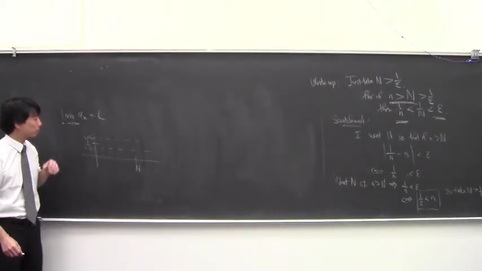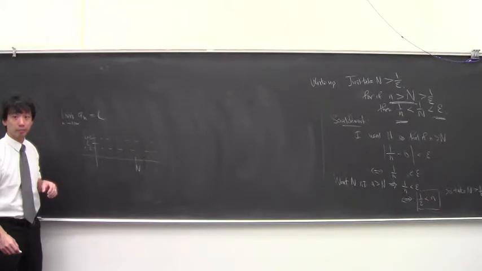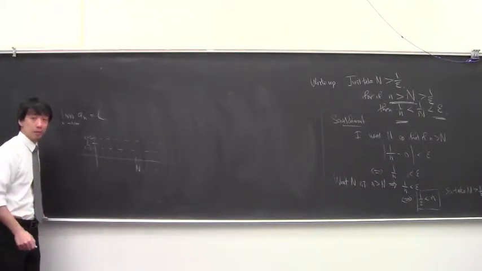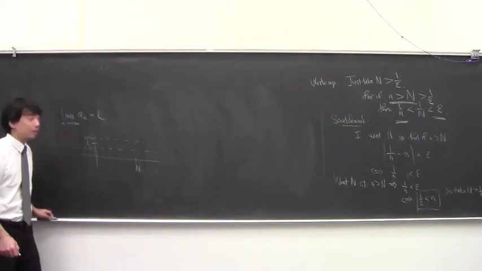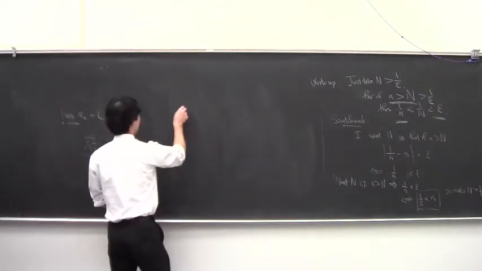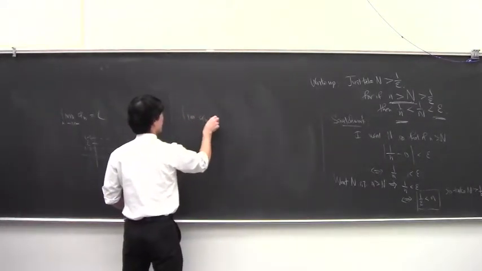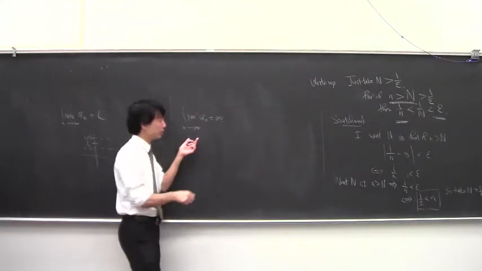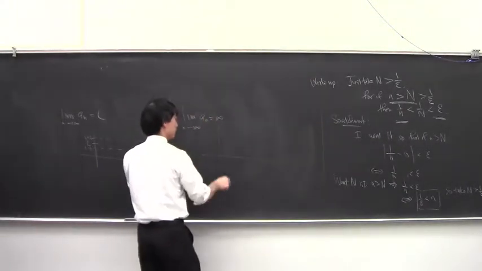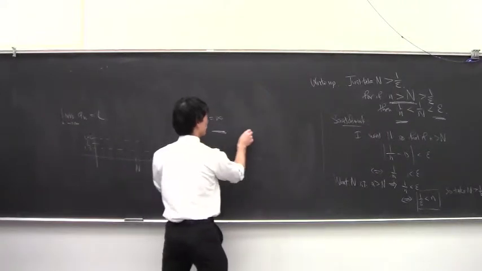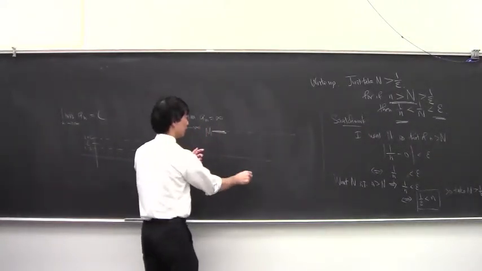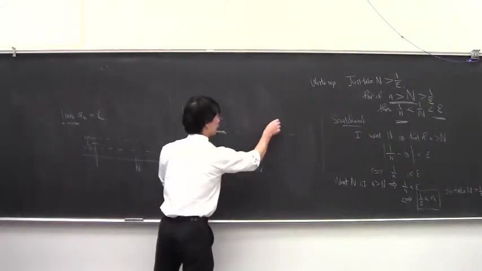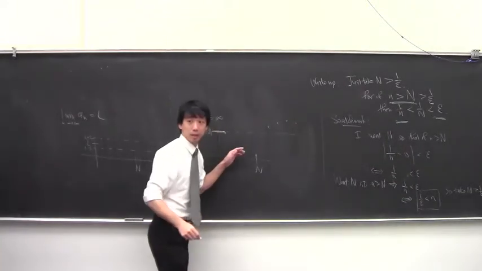If the limit is infinity, it's a little bit different, right? To show that the limit of a sequence is infinity means that given any bar, there's a time past which all elements are past that bar.